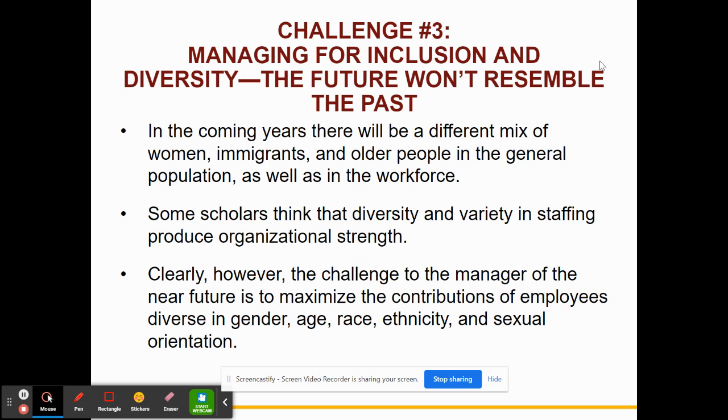However, it does need to be said that there is a challenge to the manager to maximize the contributions of employees across diversity of gender, age, race, ethnicity, and sexual orientation. While diversity can lead to a lot of perspectives, a drawback is that if there are so many different perspectives, it can be hard to arrive at a consensus within the organization, and that can hurt efficiency.